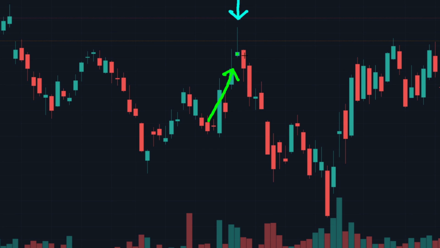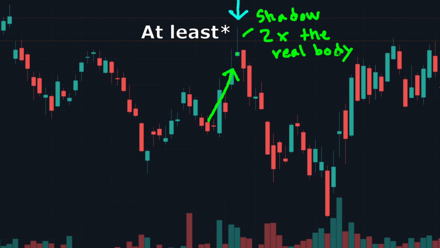So a small real body and a long upper shadow. As a rule of thumb, we want the upper shadow to be twice as long as the real body of the candle. So we want the upper shadow to be 2x the real body. And we can see that this upper shadow is much more than 2 times larger than the real body. So that is true. And here we also got a confirmation candle, and after that we saw the start of a pretty deep price decline.